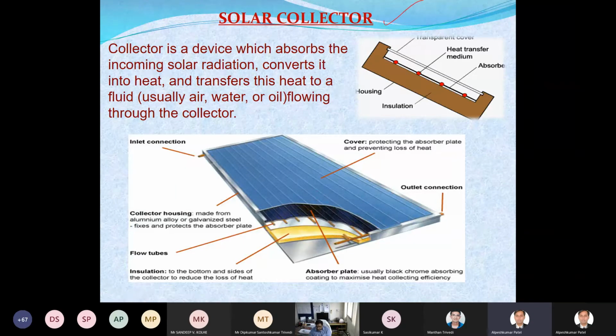Based on the temperature, we have the flat plate solar collector. In this flat plate solar collector, the concentration ratio is simple.